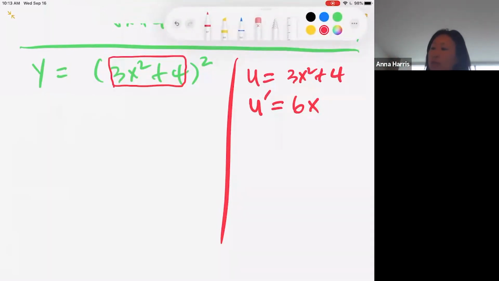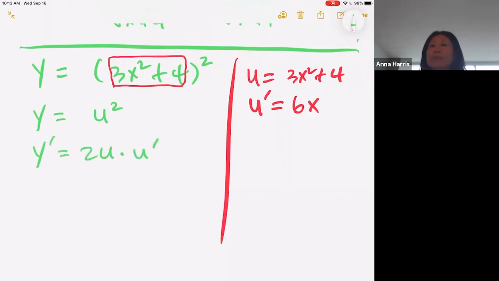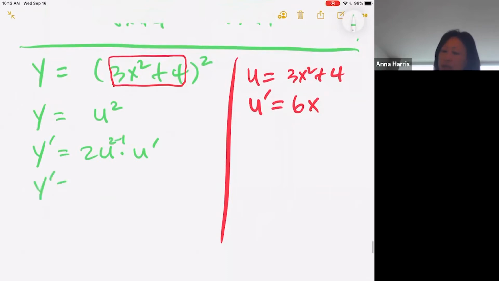And then I'm going to rewrite this problem, which means y is equal to u squared. So I will take a derivative of that, which is 2u times u prime. Does everybody see it, right? So 2 minus 1, right? I can just say y prime is 2u u prime. Now I can just simply put back the ones I know.